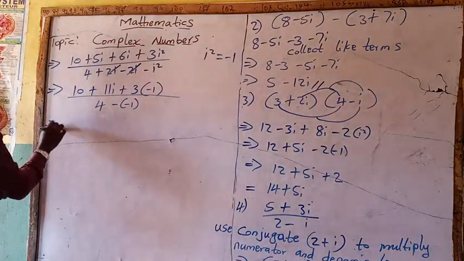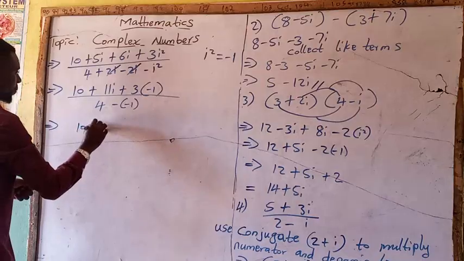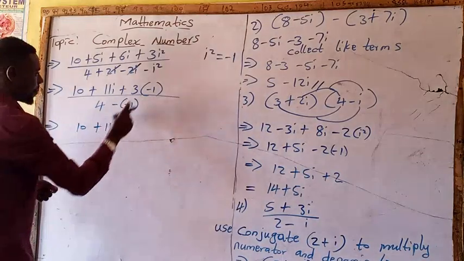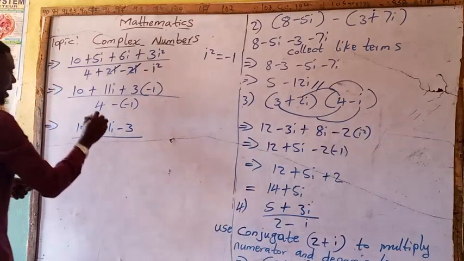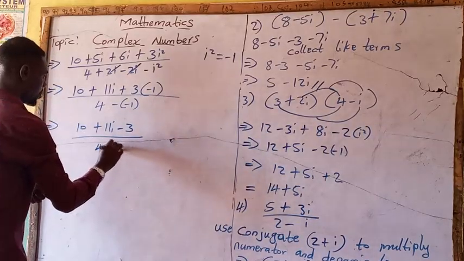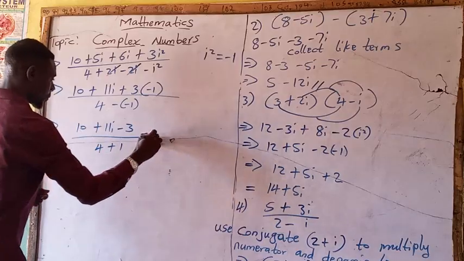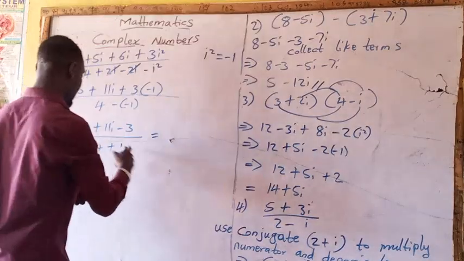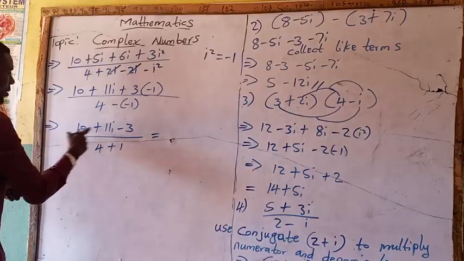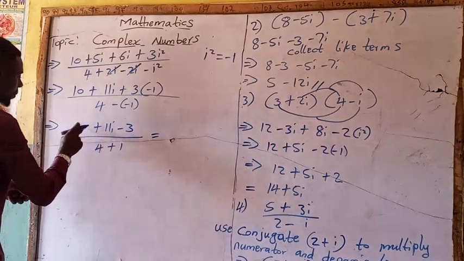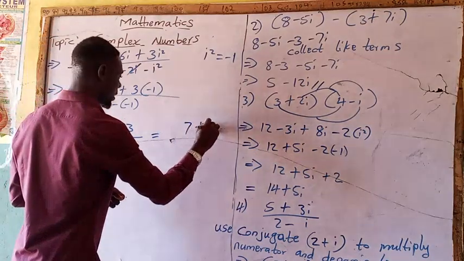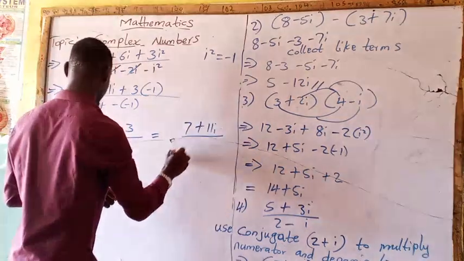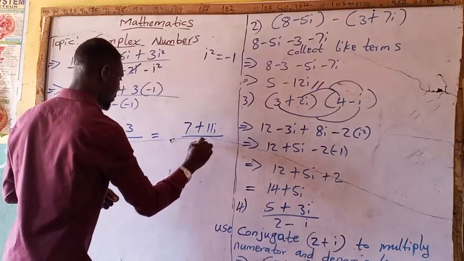So now this implies that I have 10 plus 11i. This time this will give us minus 3, all divided by 4 plus 1, which will finally have, remember these two, they are like terms. You take away 3 from this, will give us 7 plus 11i, all divided by 5.